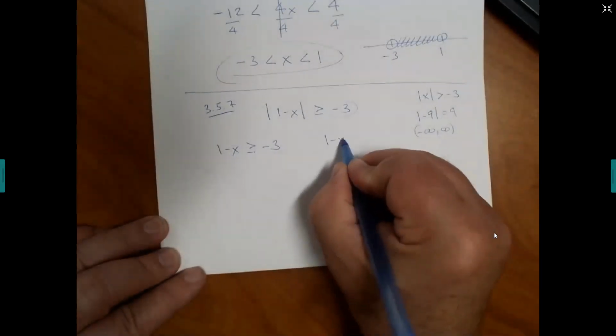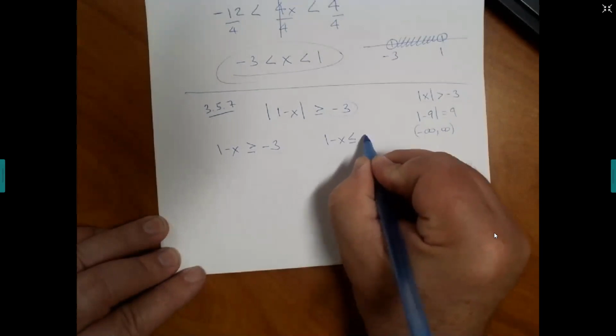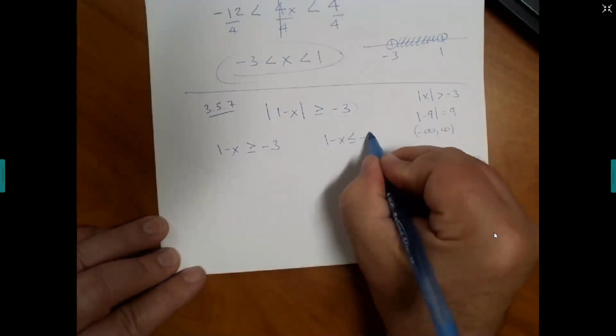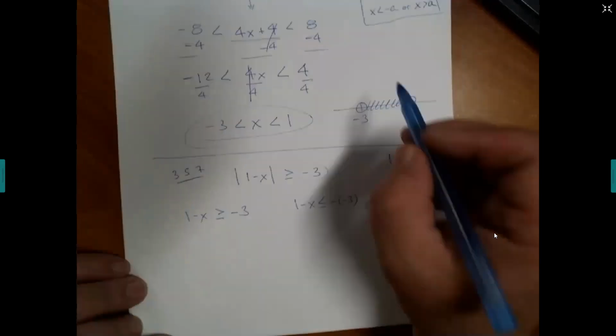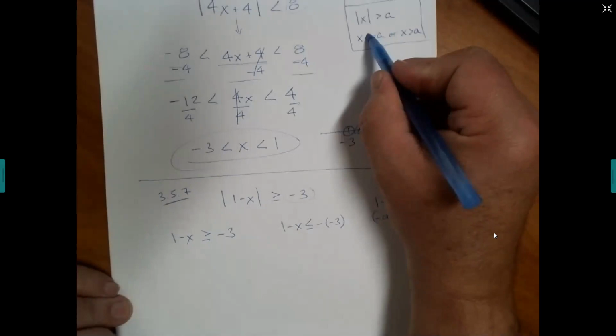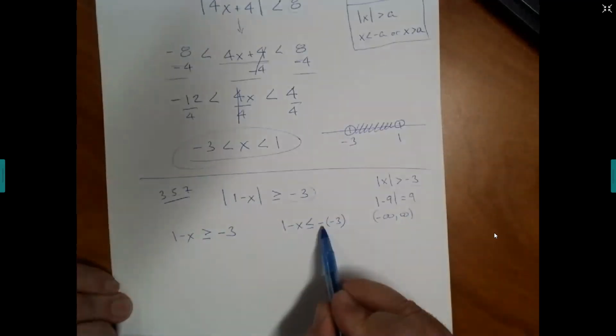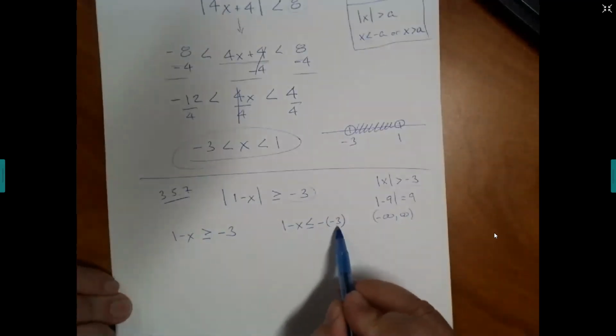Then 1 minus x is less than or equal to the opposite, because you have x is less than negative a, so x is less than the negative of that number.